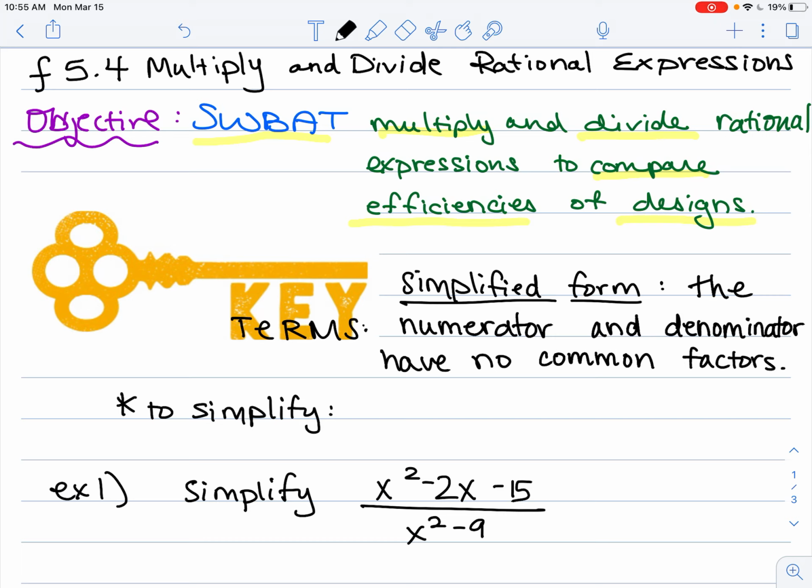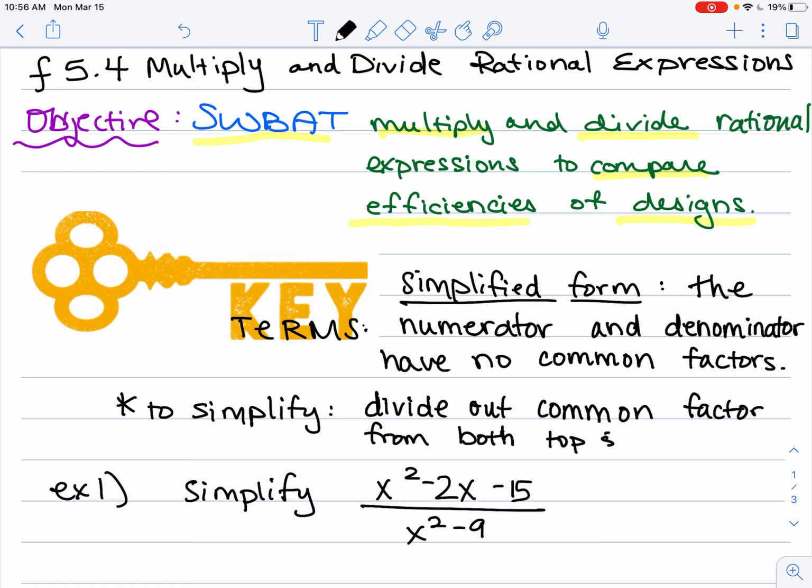So in order to simplify, you would divide out a common factor or all common factors from both the top and the bottom, or numerator and denominator.